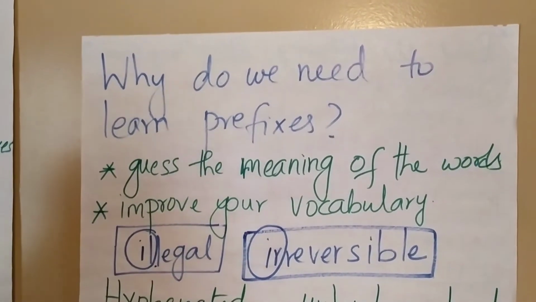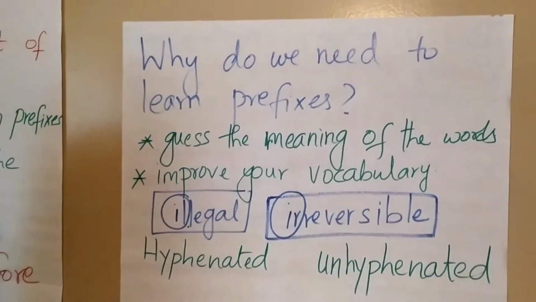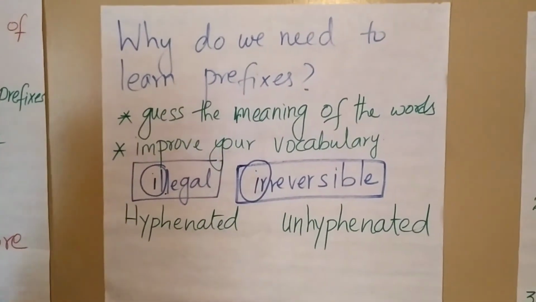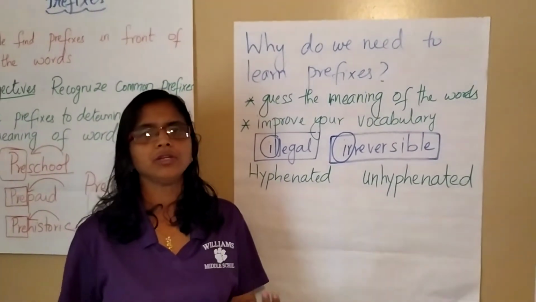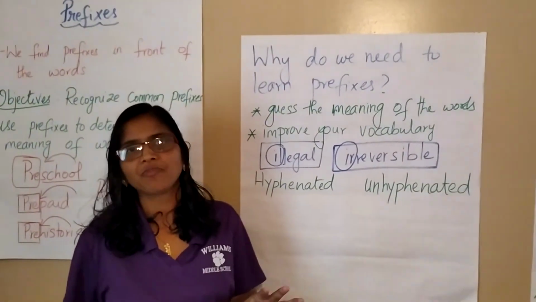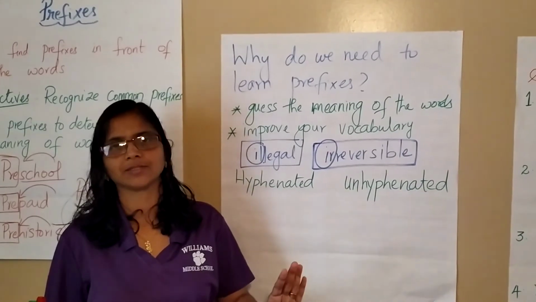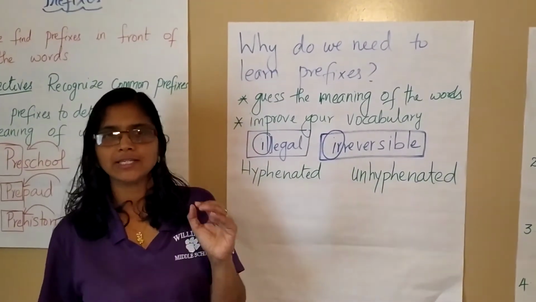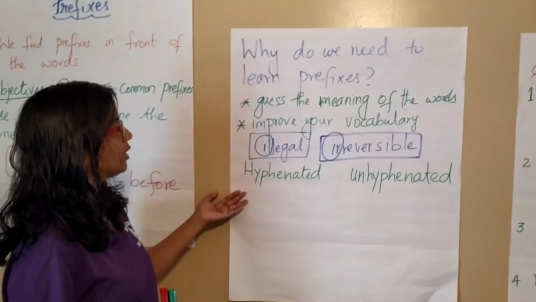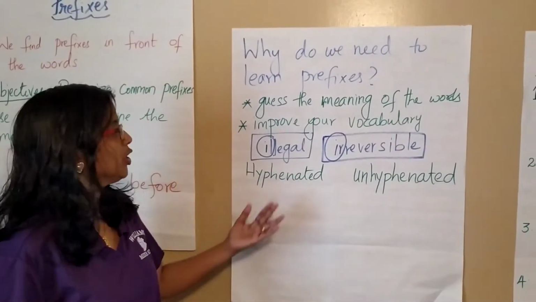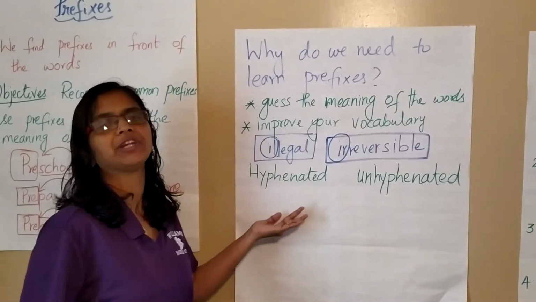Now another aspect of prefixes is when you read a story or an article, you'll come across a lot of prefixes, and what you will notice is there are two types of prefixes. You can find some prefixes which are hyphenated.